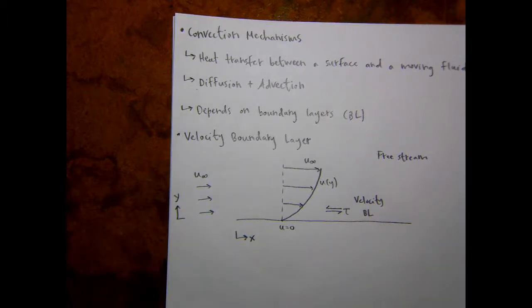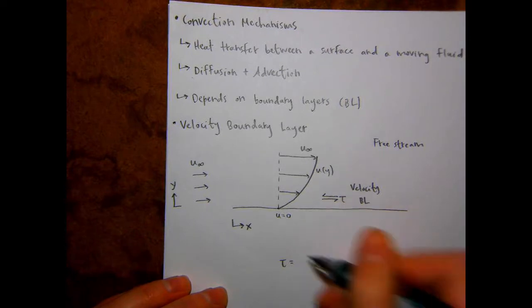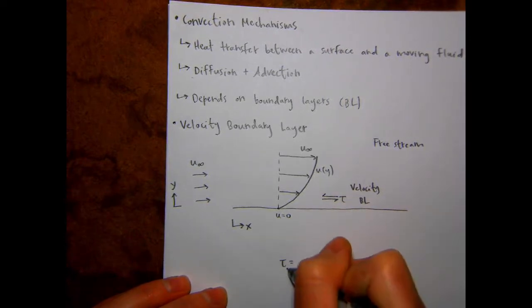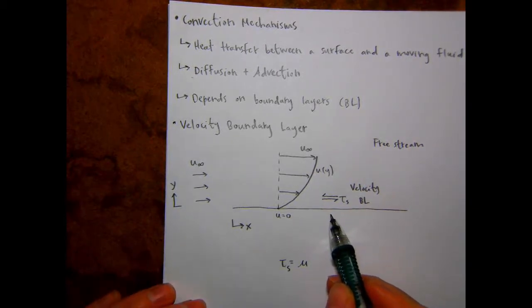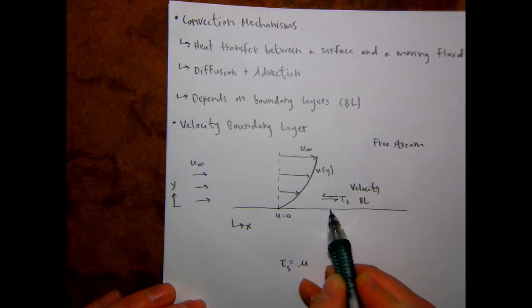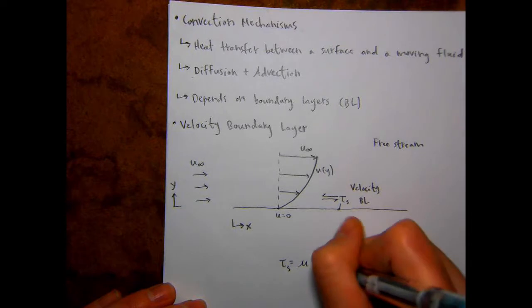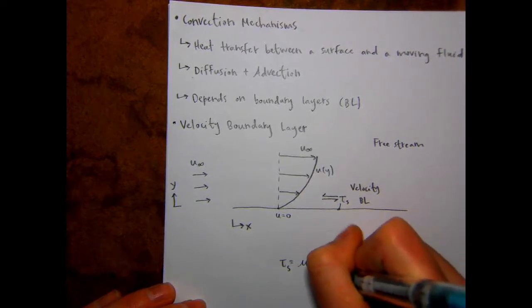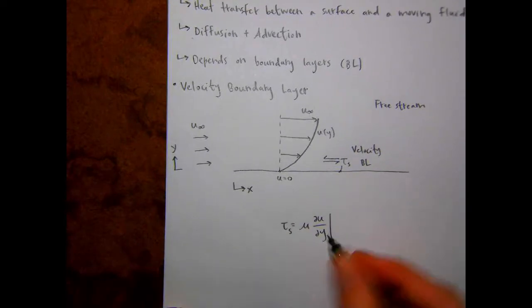And the shear stresses are related to both the velocity gradient and also the viscosity. We'll say tau sub s here, the surface shear stress. So we're talking about the shear stress right at the surface, tau sub s, and that's equal to the viscosity of the fluid times the velocity gradient in the y direction at y equals 0.